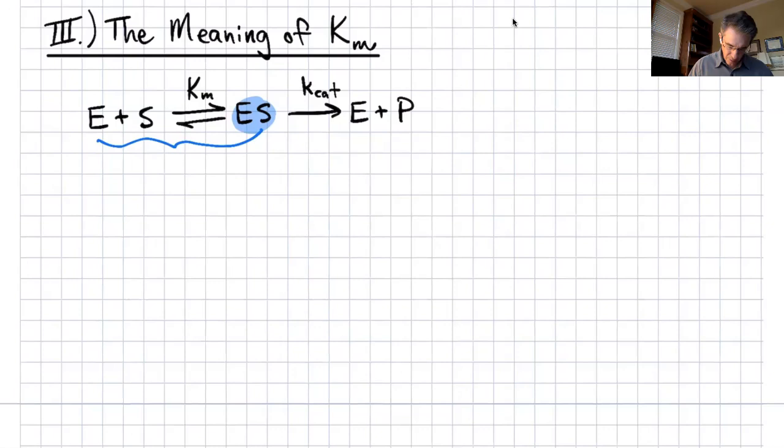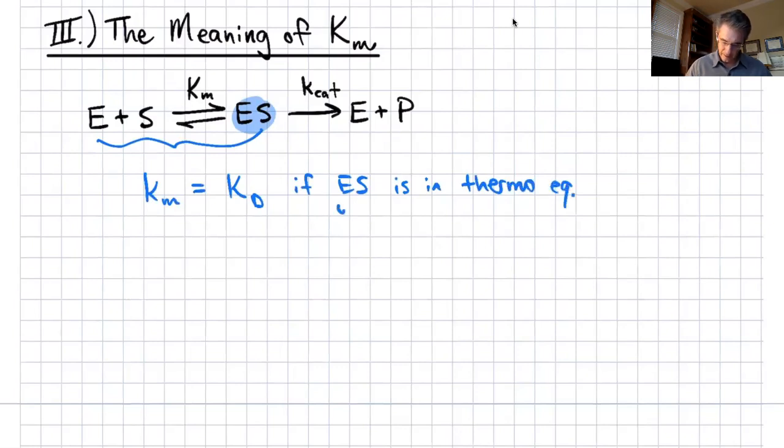Under those circumstances, Km essentially equals the dissociation constant of the substrate from the enzyme. So under those circumstances, it's fairly easy to understand what Km means, right?